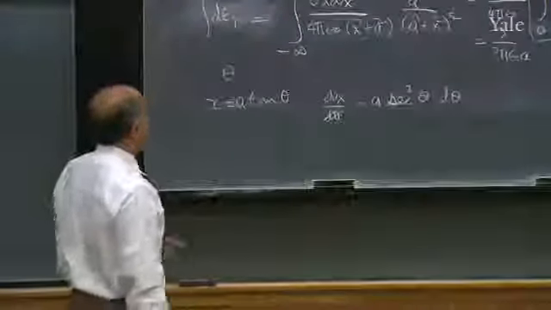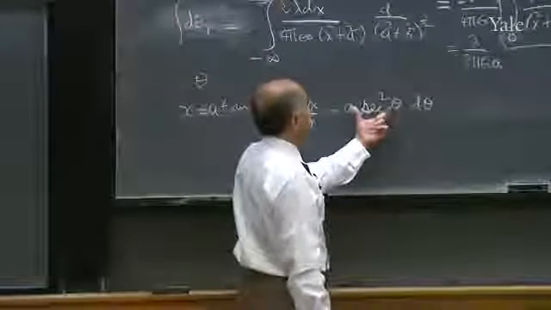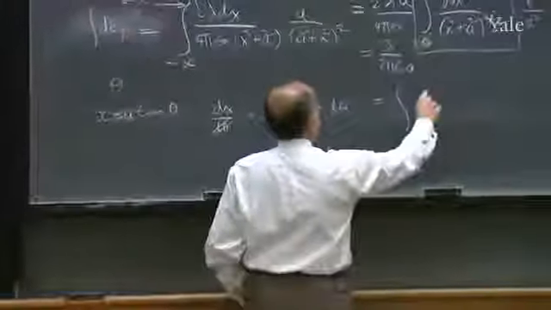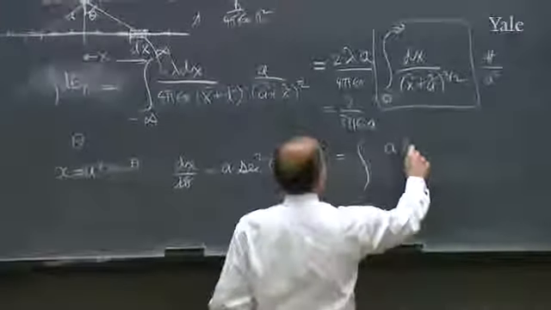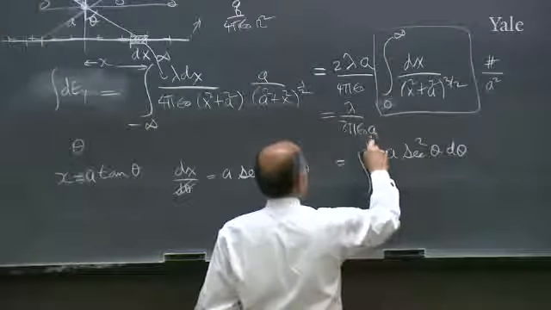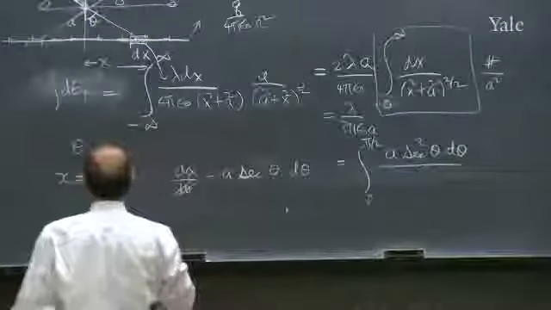What that means is an interval dx is related to an interval d theta by this factor. Therefore, going to that integration here, I'm just doing that part, which is going to be a secant squared theta d theta. Theta goes from 0 to pi over 2. Now let's look downstairs.